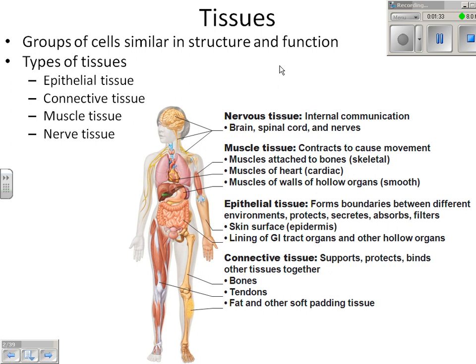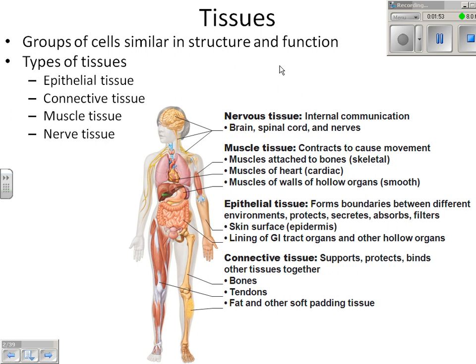We also will have epithelial tissue and connective tissue, which are some of the major types of tissue that we're going to be looking at. Epithelial tissue, you can think of this type of tissue as covering and lining everything in your body.